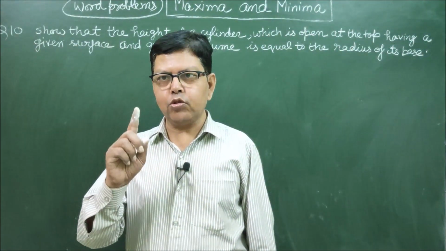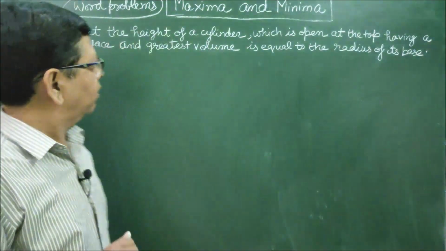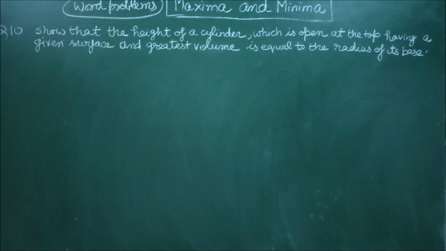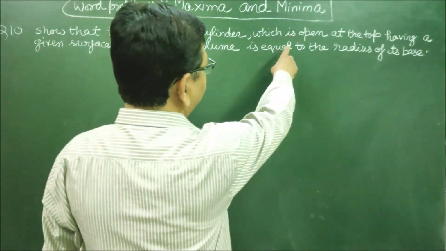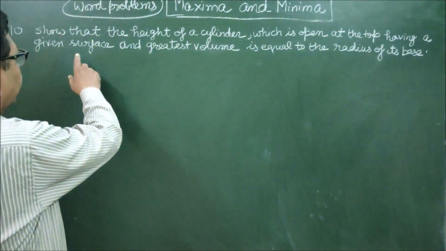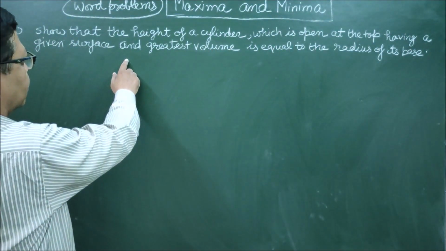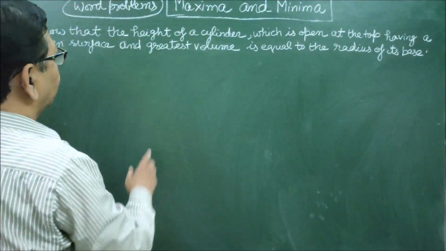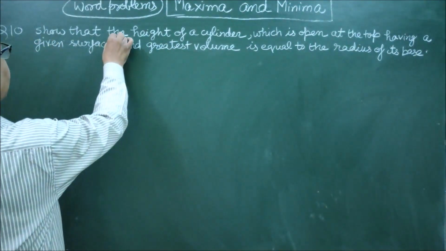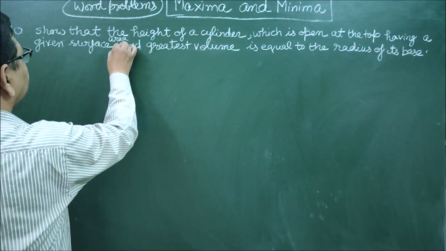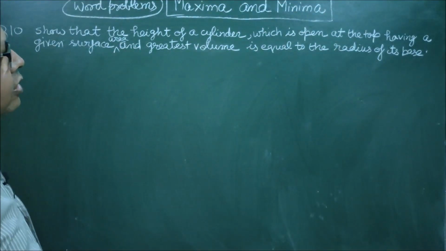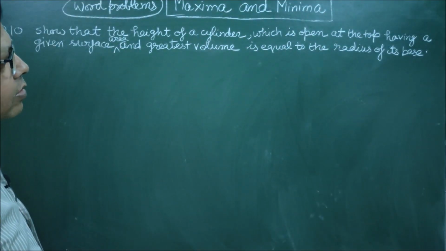Next question, question number 10. Show that the height of a cylinder which is open at the top, having a given surface area and greatest volume, is equal to the radius of its base.